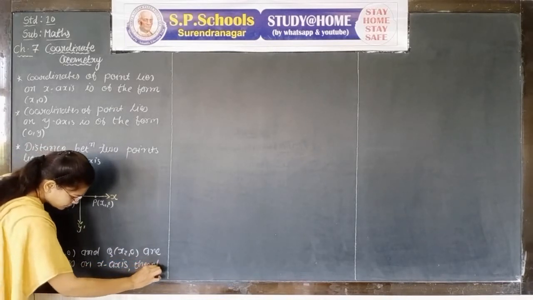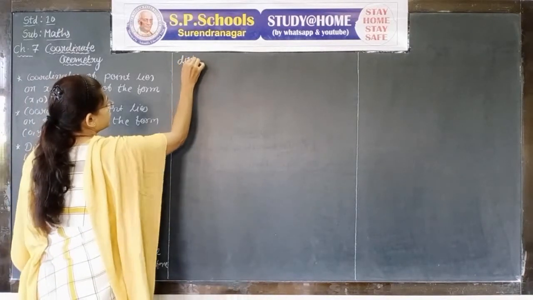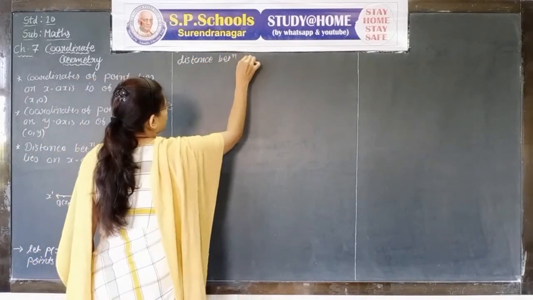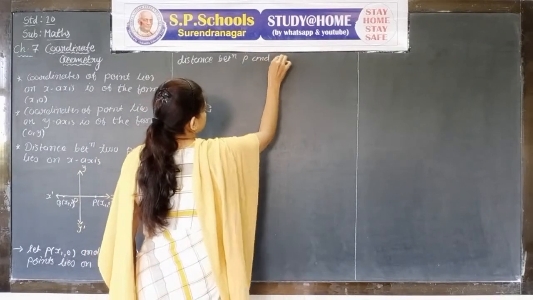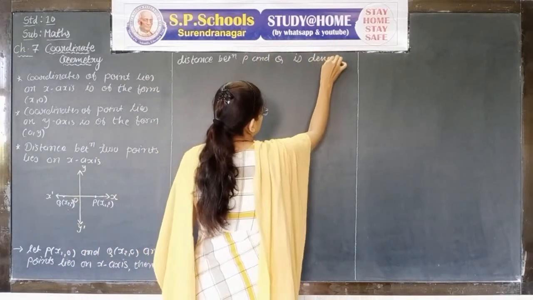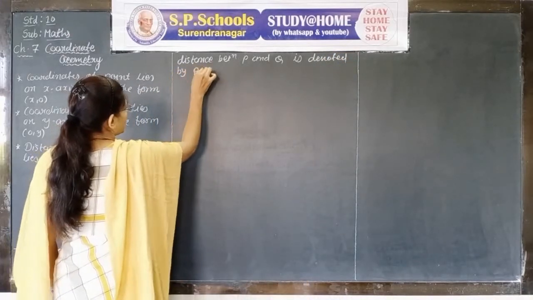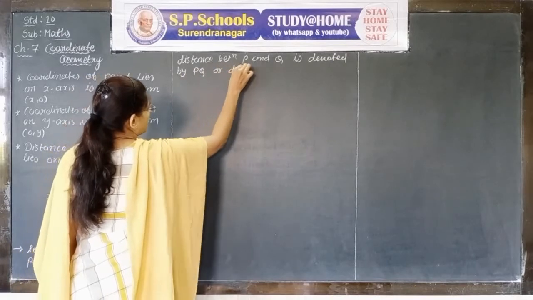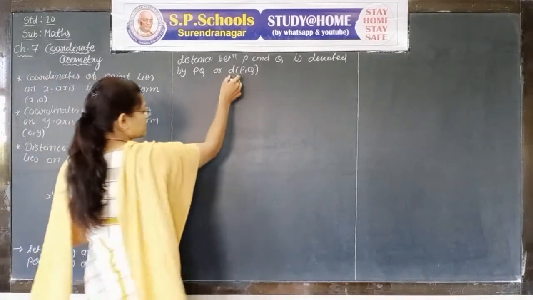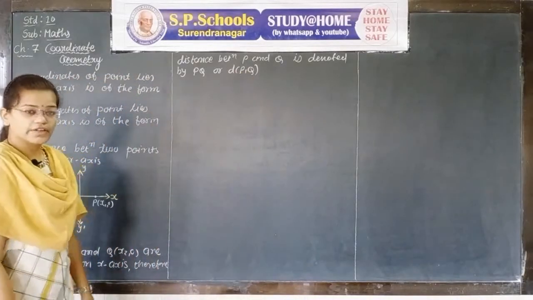Therefore, the distance between points P and Q is denoted by PQ or d(PQ). As we know, D is for distance, and the distance between P and Q is symbolically written as PQ or d(PQ).